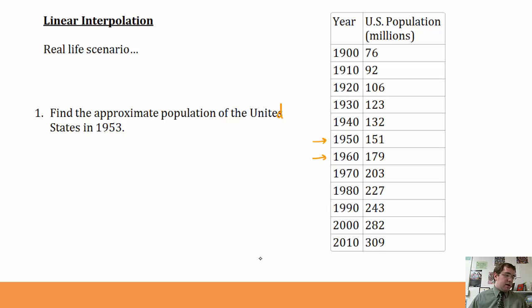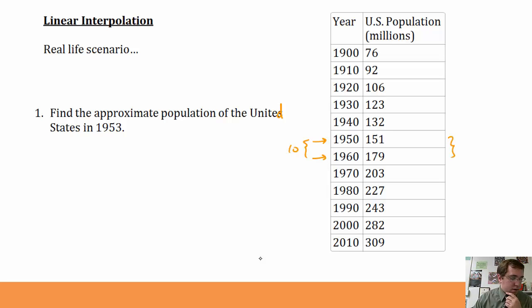So what I'm going to do is a process called linear interpolation. I'm going to interpolate, I'm going to look between two values in my data. That's what it means to interpolate, is to look between two values. And I'm going to get an approximation of what it would be. So I'm going to set up a proportion. This gap from 1950 to 1960 is 10 years.